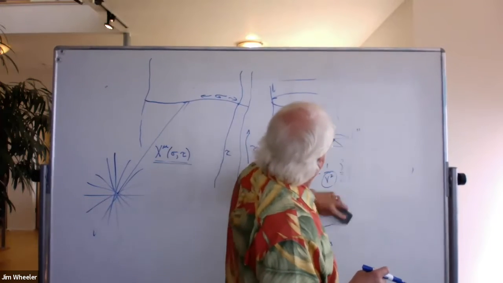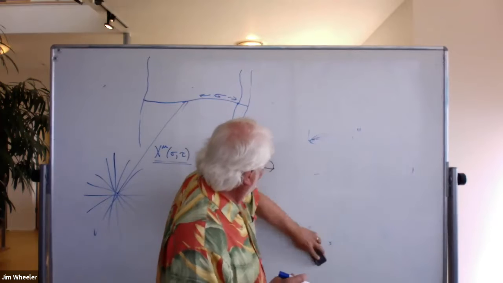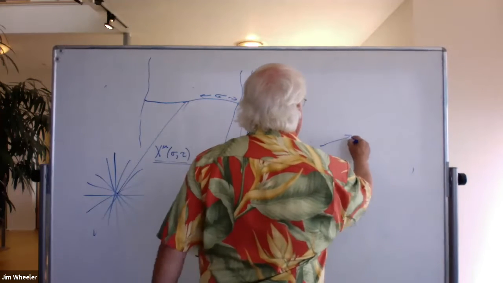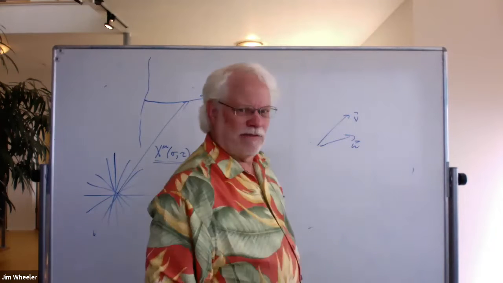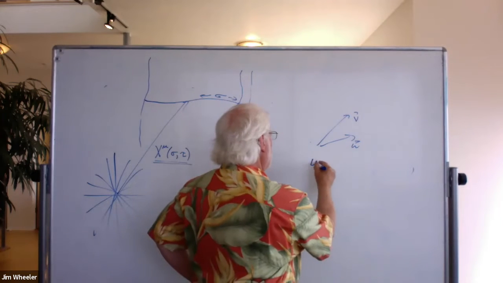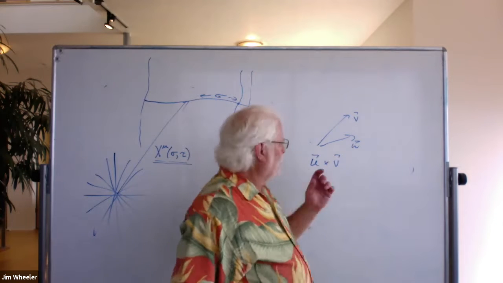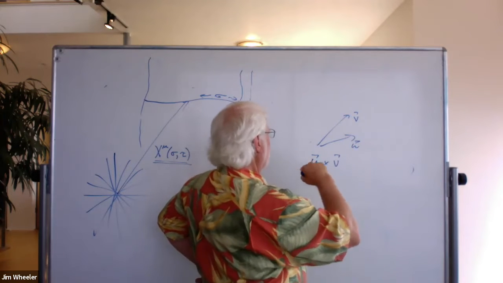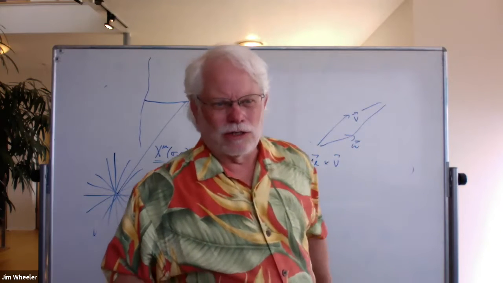Okay, so if we have a flat surface spanned by any two independent vectors, you know that the cross product of those gives the area of the parallelogram defined by those two vectors.